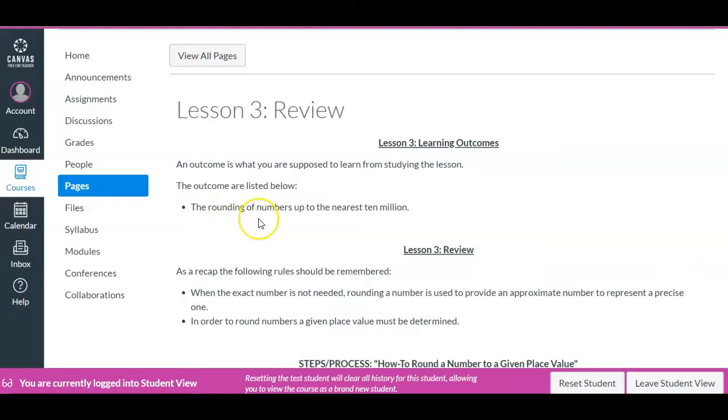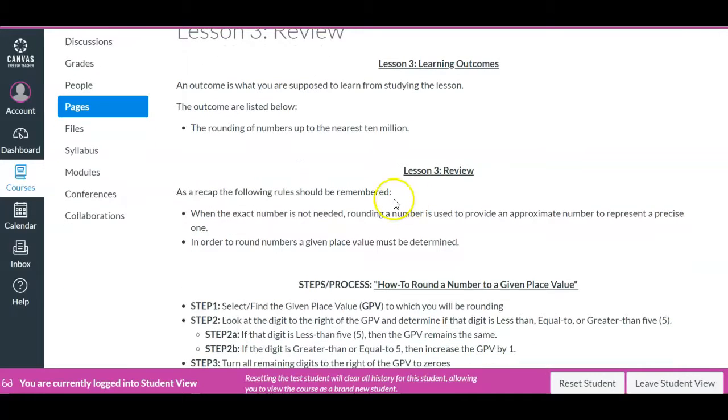So there's one learning outcome as far as Lesson 3 is concerned, which was rounding numbers, and the outcome is the ability to round numbers up to the nearest 10 million, which you are able to do. Okay, so just a quick recap about the Lesson 3 review is that sometimes an exact number is not needed, and when it's not needed, rounding of a number is used to provide an approximate number to represent a precise one.